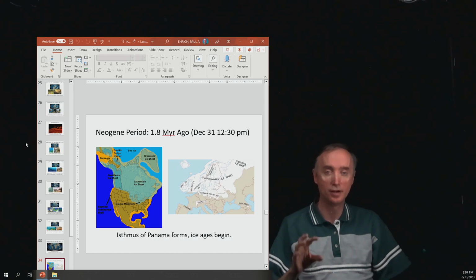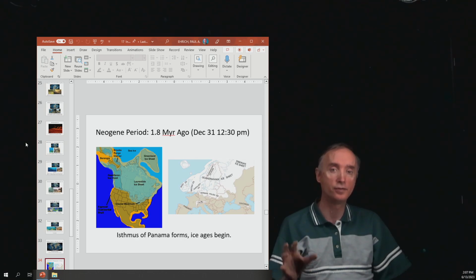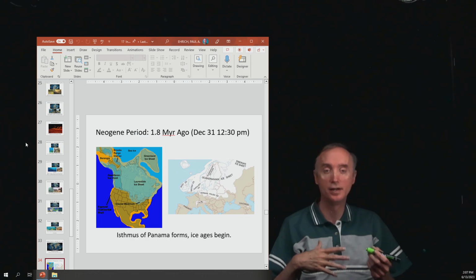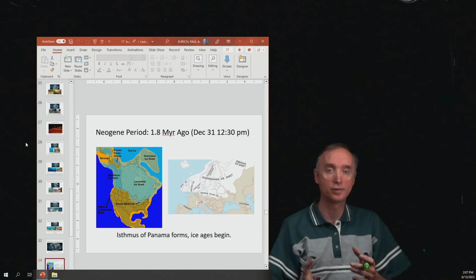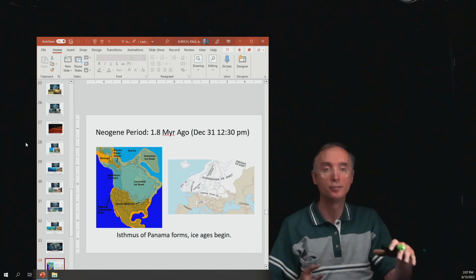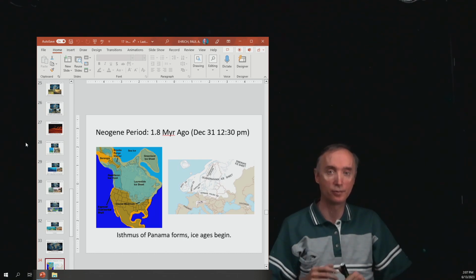Not as severe as the one that caused the snowball Earth, but it is severe enough that it covers the northern and southern hemispheres in a very thick sheet of ice that approximately every 10,000 years or so would thaw out, and then you'd have land again. But then in another 10,000 years, it would freeze over again. So for the past 2 million years, we've been having dry spells followed by very cold weather.